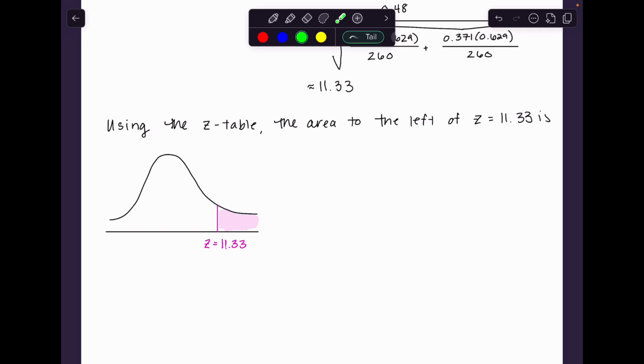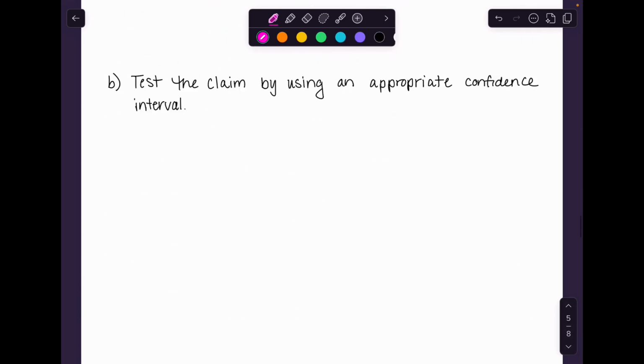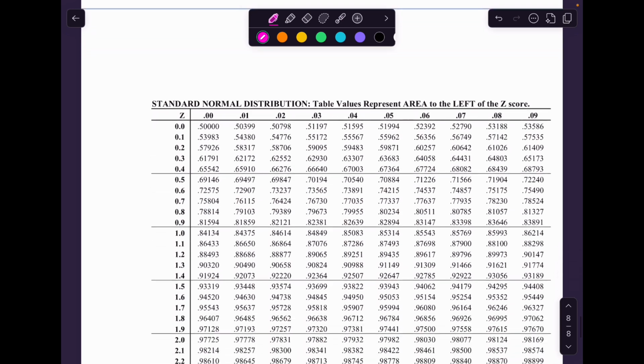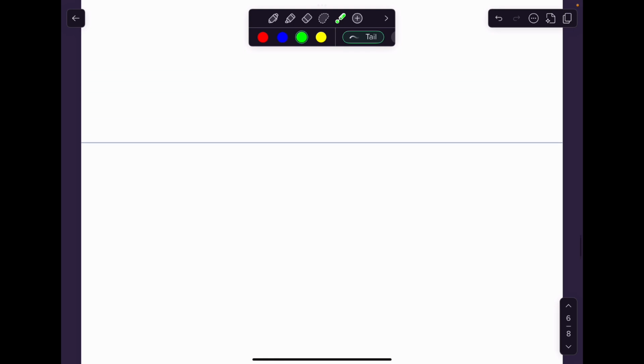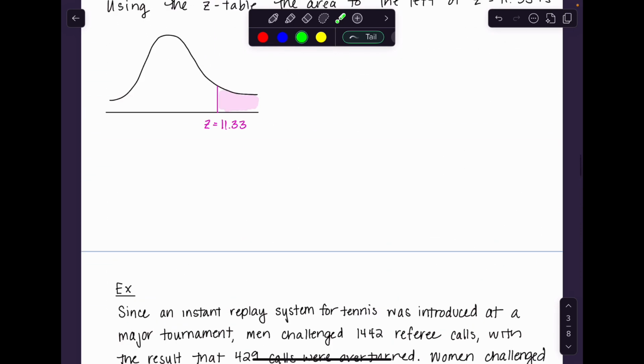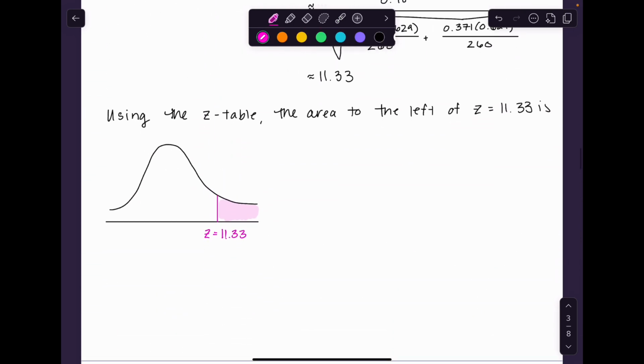So using our Z table, if I go all the way to the bottom, the biggest value I have is 3.99, because anything after that has an area to the left being 1. Because this is 11 standard deviations away from that mean. So the area to the left of 11.33 is 1.0000.